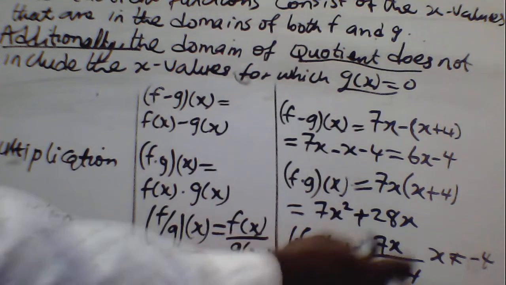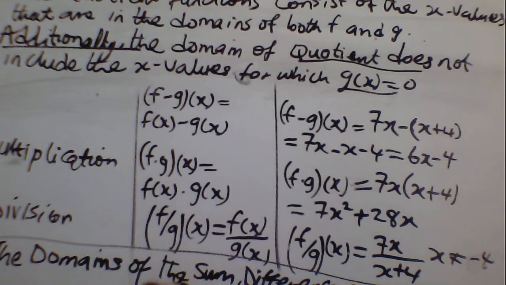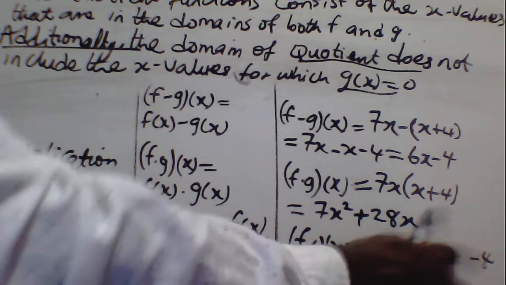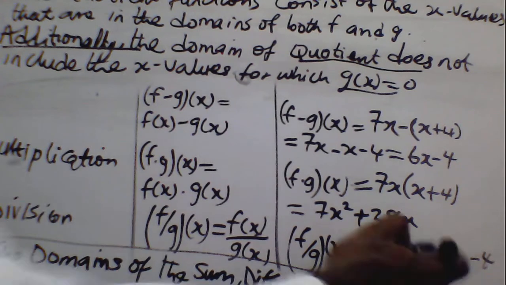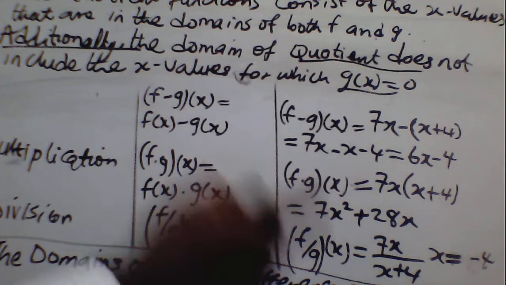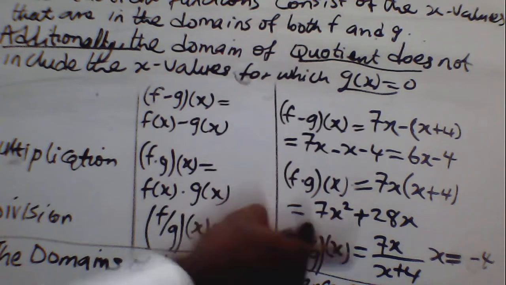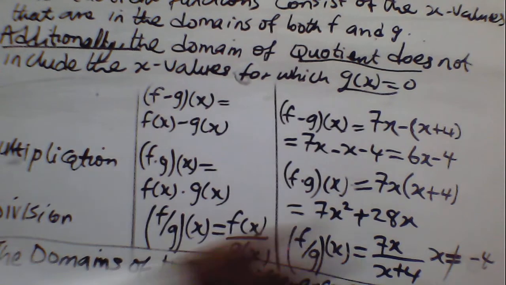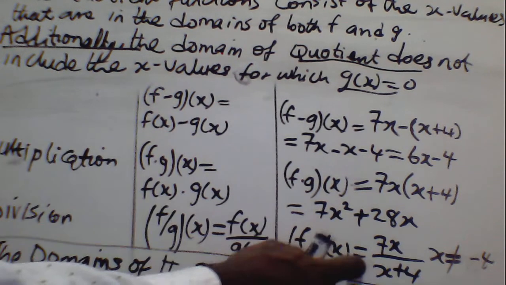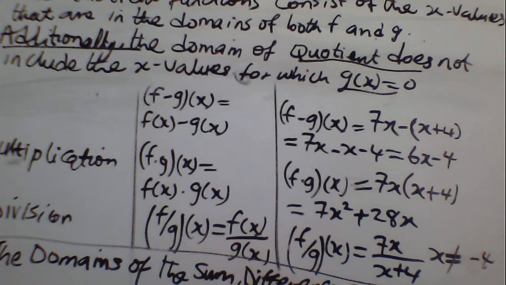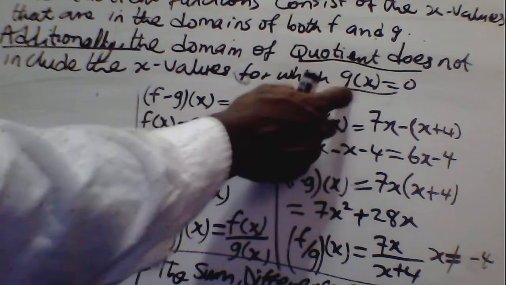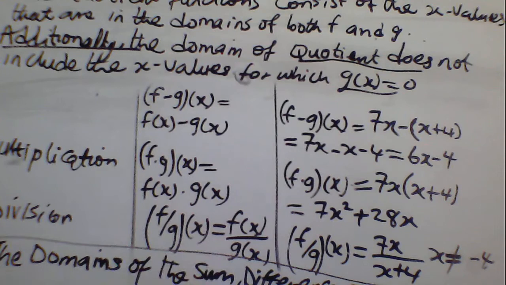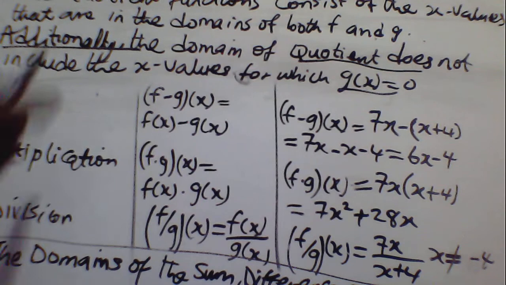We can say that the domain of this new function is all real numbers except x equal to minus 4, or all real numbers when x is not equal to minus 4. Because if x is equal to minus 4, this will be minus 4 plus 4, which will give us 0. It will make this function undefined. So the quotient does not include the x values for which g of x is equal to 0.